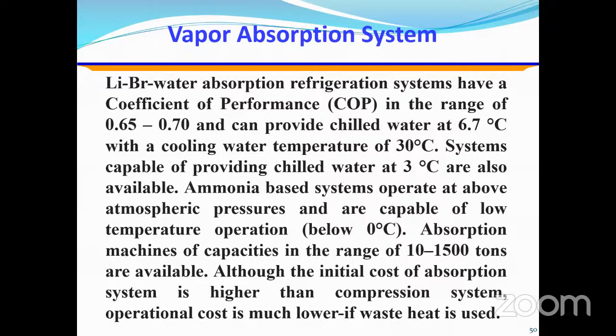In the vapor compression system, every equipment requires electrical energy, that is the compressor motor, condenser water pump, condenser cooling coil fans, then the evaporator system. But here also the evaporator system is required, but for the other two we can save the energy.